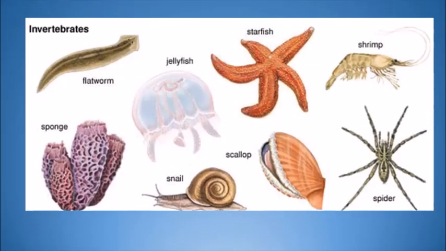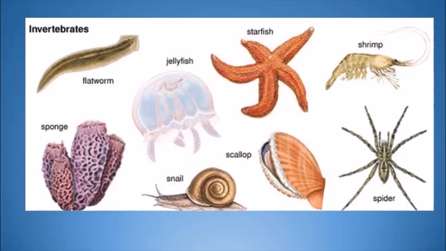Now animals are also divided into invertebrates and vertebrates. In the human skeleton we studied about the spine or the vertebral column. If the vertebral column is present, it is called a vertebrate, and if the vertebral column is absent, then those animals are called invertebrates, because they don't have a vertebral column, they cannot stand straight.